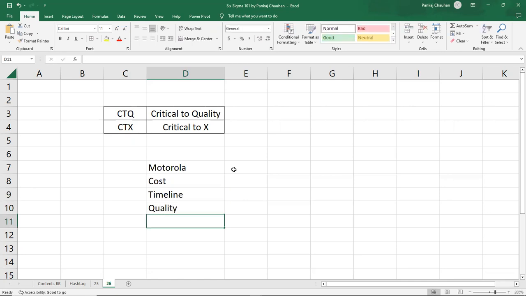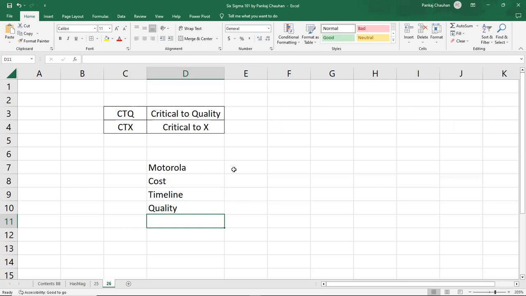Like when we talk to anyone, in a simple way we use some kind of acronym or abbreviation. Similarly, instead of asking each other whether you are working on the quality project, the TAT reduction project, or the cost reduction project, they used to ask: what is your CTQ for the project?